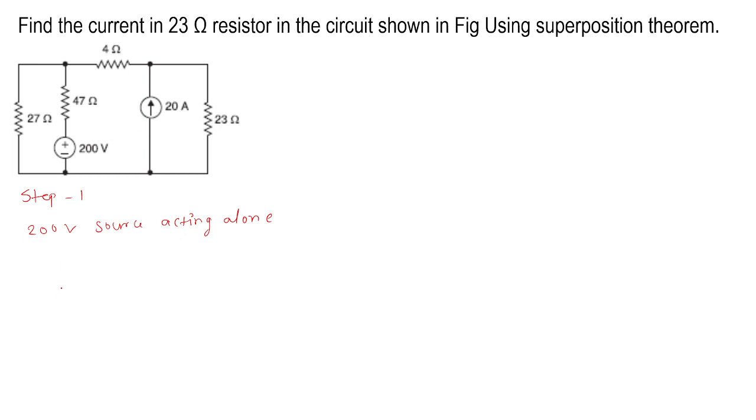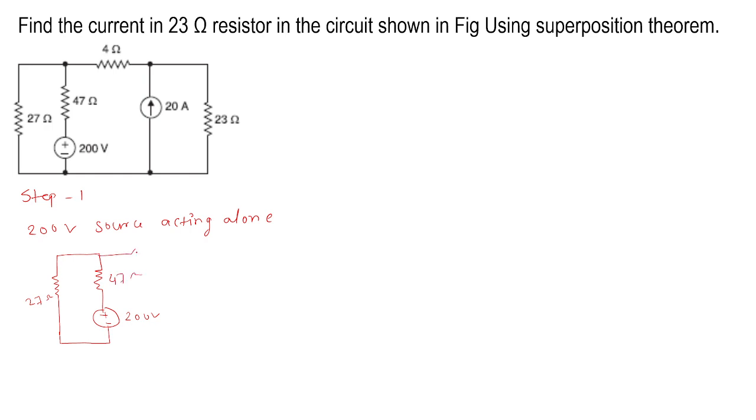So I am going to redraw this circuit diagram. 200 volt source is acting alone. Here a 27 ohm resistor will come, again a 47 ohm will come. Again here is the plus minus 200 volt. So I will complete this. Here 27 ohm, here 47 ohm.